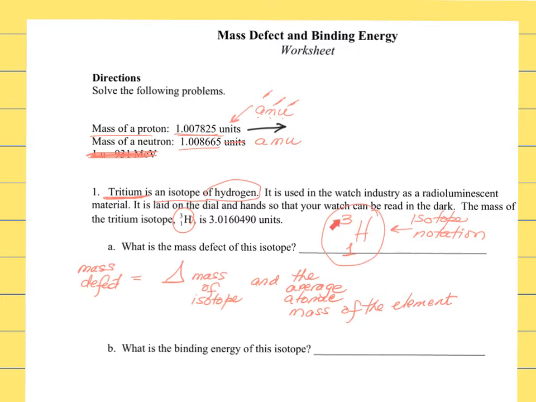So in this specific atom, how many neutrons do I have in the nucleus? 2. 2. Okay. Understand that part? Understand how from the isotope notation or nuclide, you can get the amount of protons and the amount of neutrons. Okay.